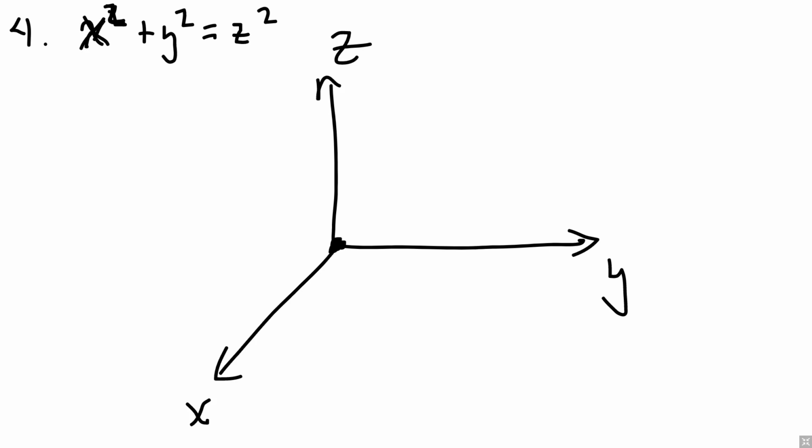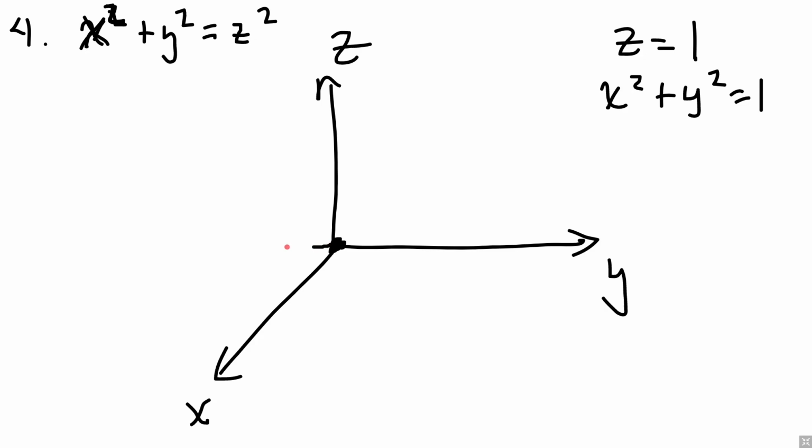Okay, now if I look at this, since it's equal to z squared, that means we can increase or decrease z. So if I let z be 1, I'm going to end up with x squared plus y squared equals 1. So basically, I'm going to have a circle that is going to be in the z equals 1 plane.